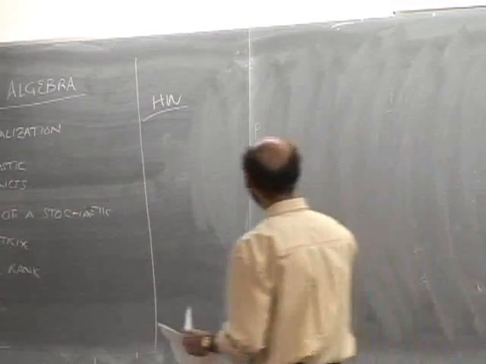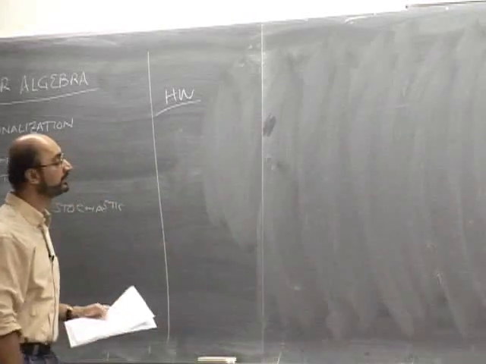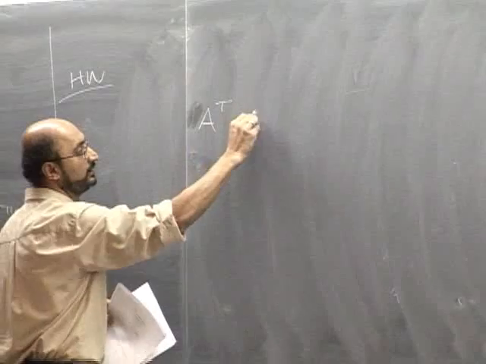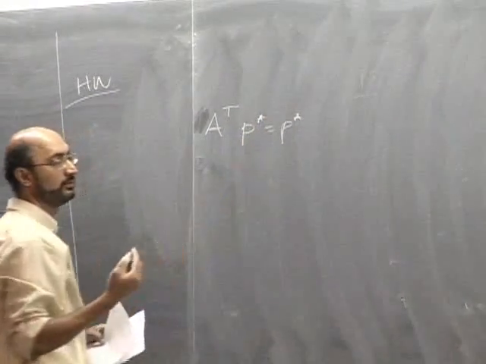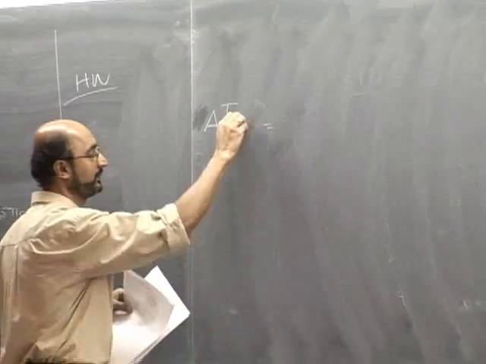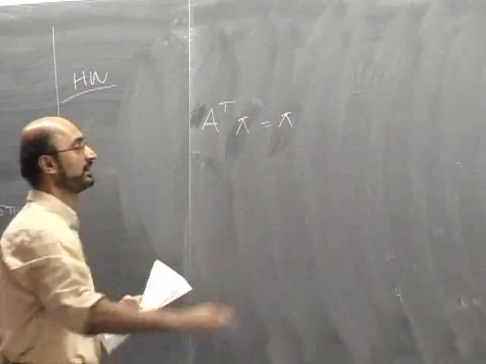Right, so for the homework, there are 2 ways of solving it. One of them is to look at A transpose P star equals P star, or the normal notation in queuing theory is to use the letter pi for it. Pi is a stationary distribution, and that's what I gave as the hint.